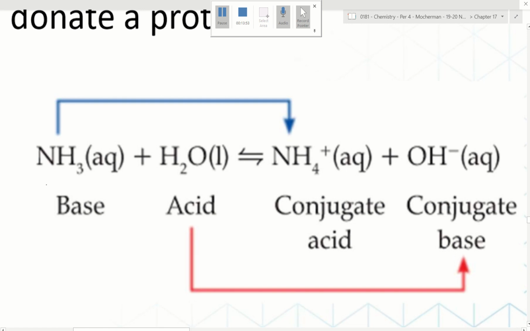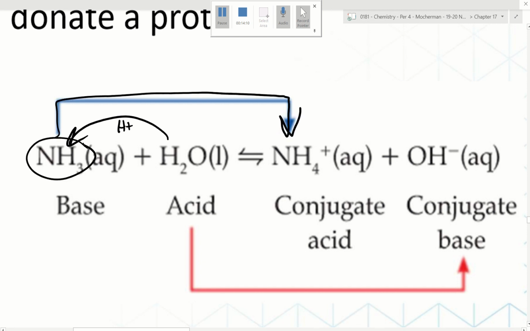If NH3 is the base, he's accepted a proton from the water. So an H+ was transferred. That makes water the acid and ammonia the base. What ammonia becomes when it accepts the proton as the base is the conjugate acid. We say it's the conjugate acid because now it has one more proton than it did.